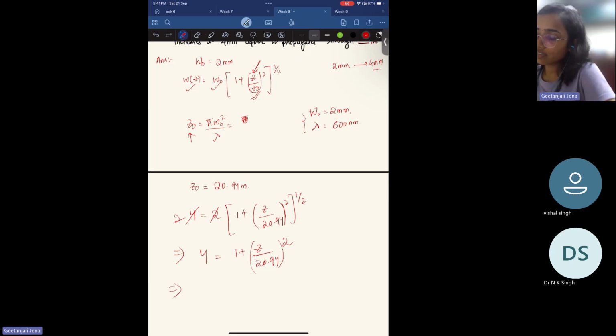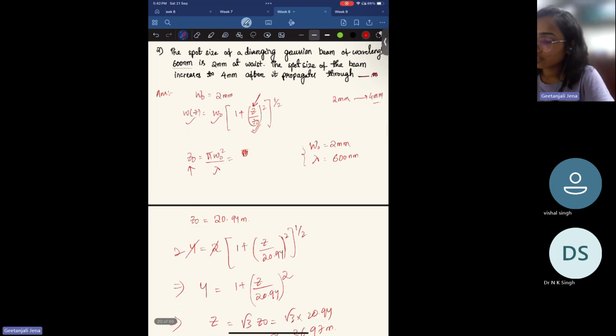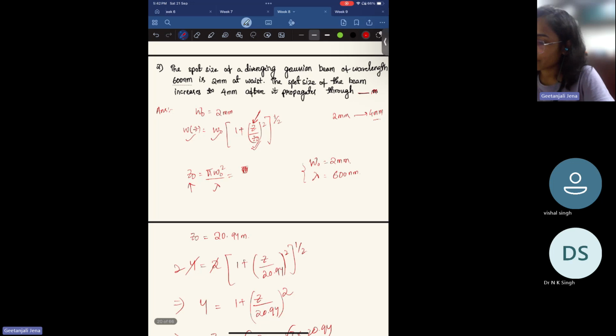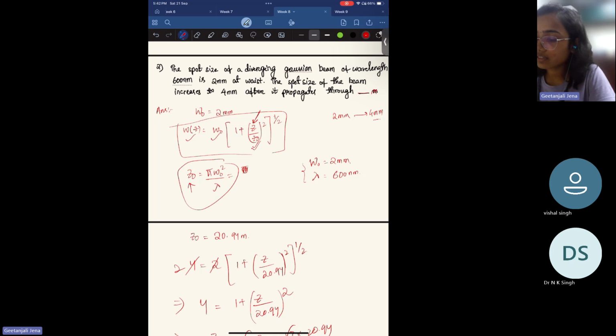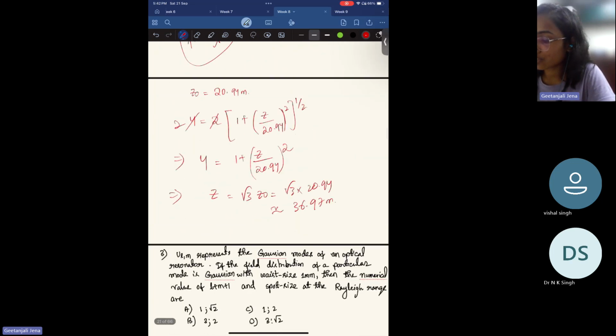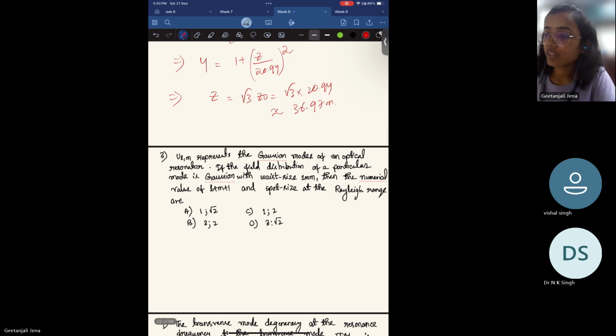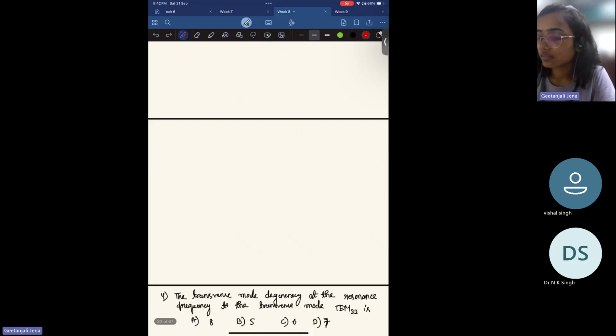Now, if you rearrange it and take the square root, we'll get z equal to root 3 times z0, which is root 3 times 20.94, which is nothing but 36.97 meters. So this is how you can solve this problem. If you remember this formula and the Rayleigh range, then you can easily calculate what the question is asking about. So let's go to the next one.